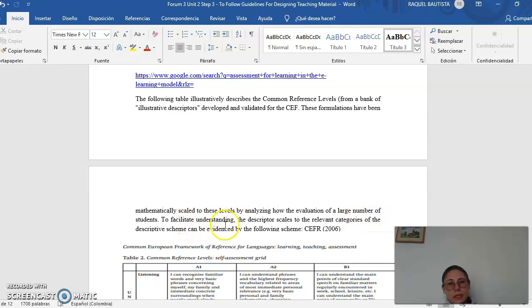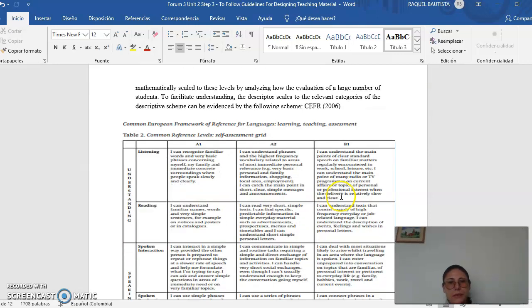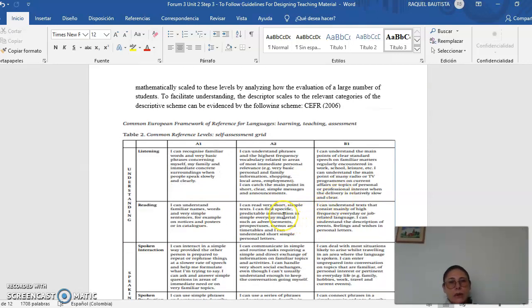To facilitate understanding, the descriptor scales for the relevant categories can be seen in the following: CEFR 2006, Common European Framework of Reference for Language Learning, Teaching, Assessment.